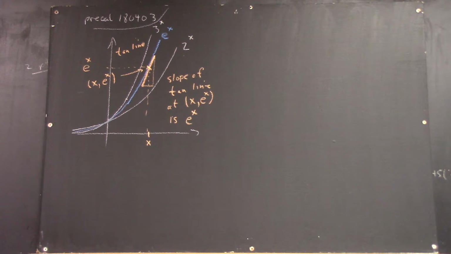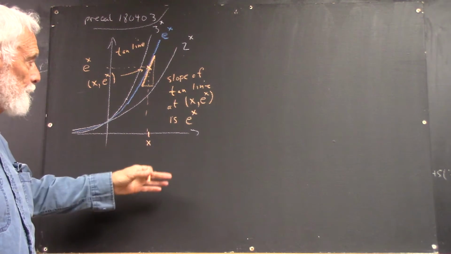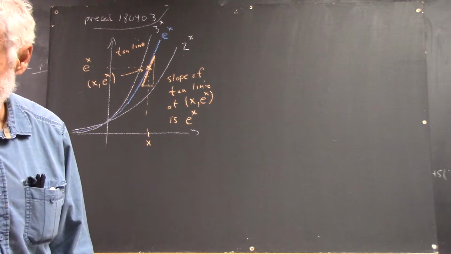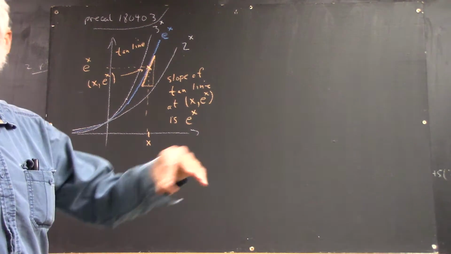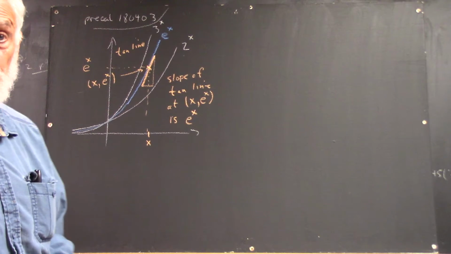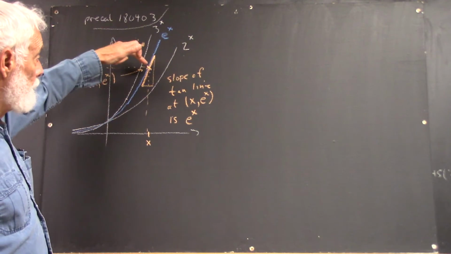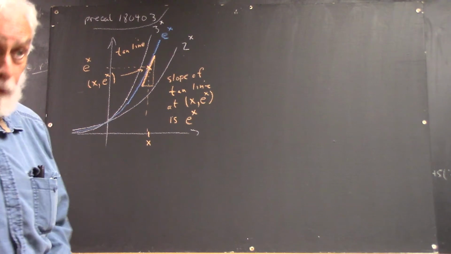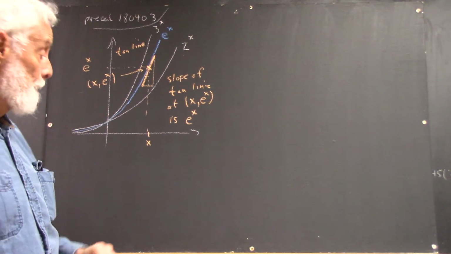That's a big deal. Okay? It's why we call this the natural exponential function. Okay? The function comes naturally from considering compound interest, if you like, but also it's the function that gives you a slope that's equal to the value of the function at every point. Okay?